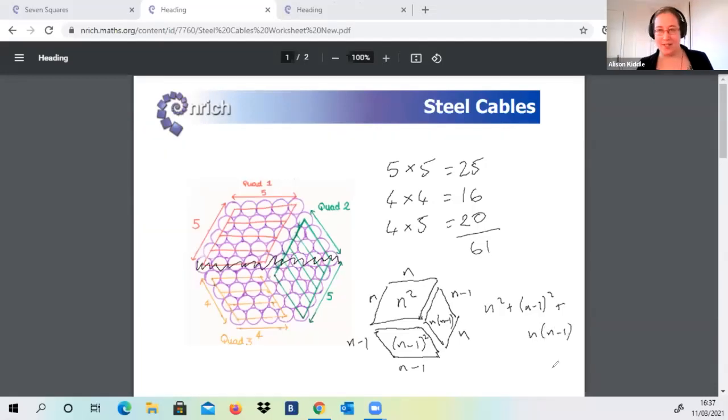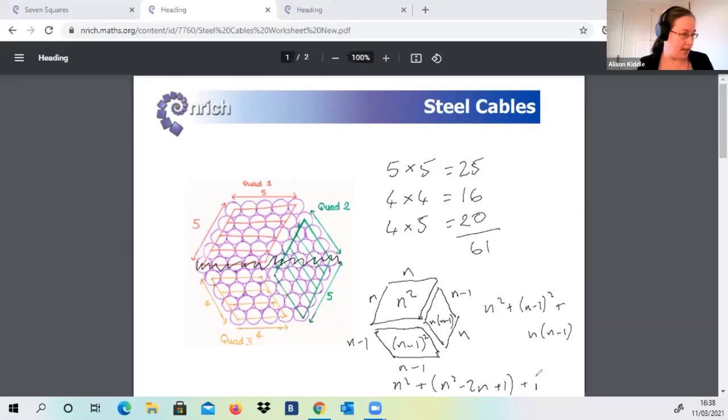I think I'm starting to see why this is a key stage 4 problem rather than a key stage 3 problem, Charlie. Yes, I'd want students to be able to simplify that. So I'm getting n squared plus, and then when I expand that bracket, I'm getting n squared minus 2n plus 1.